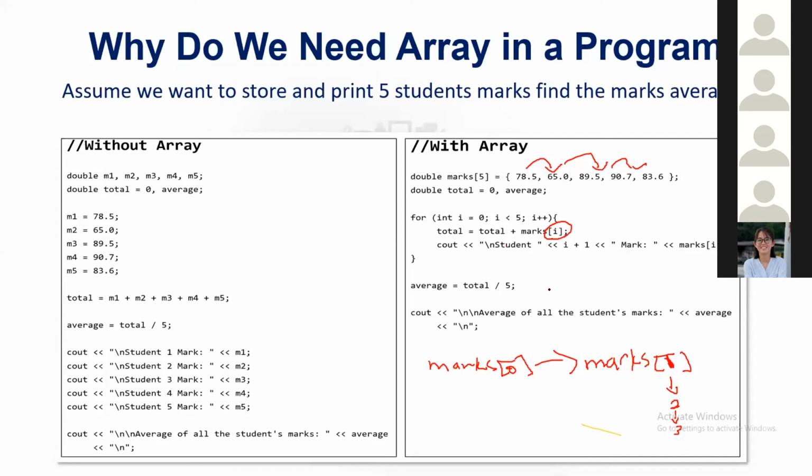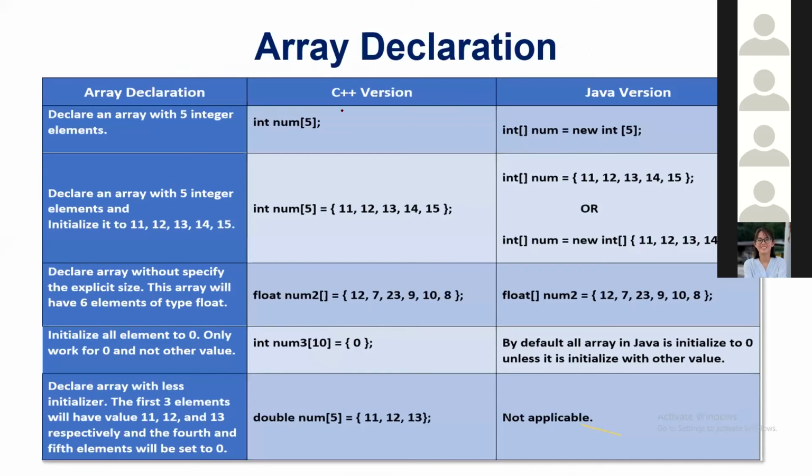In this case, it is actually possible for you to store any data type. If you want to store a string or a character, that is also allowed. Here are different kinds of declarations for the array.